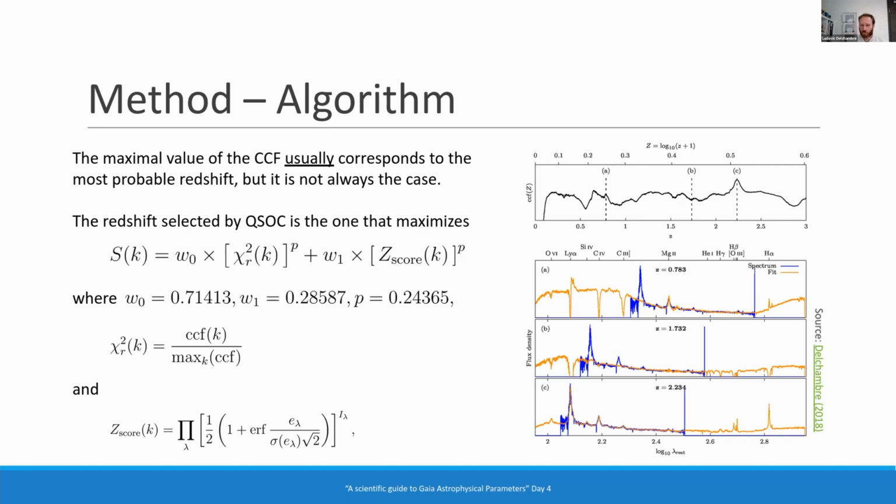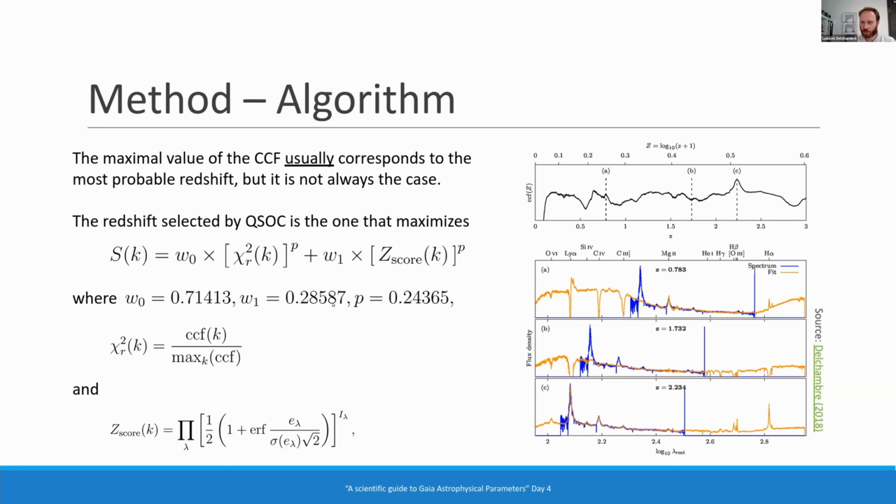So we have to use a more sophisticated way of choosing the optimal redshift. In order to do so, we use this score, actually, that is defined as a weighted p-norm with two parameters that are given here, W0, W1, and the power here is this one.